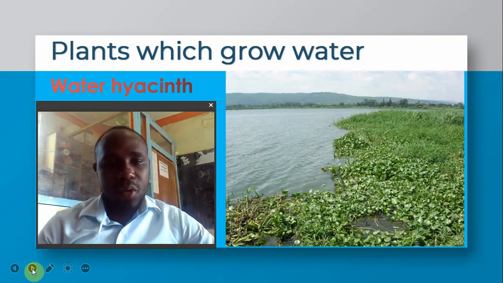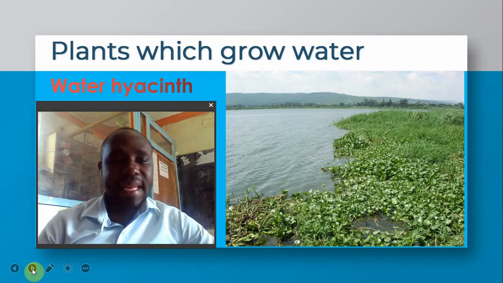But here we are studying it because it is an example of a plant that grows on water. Take concern of the spelling, water hyacinth.